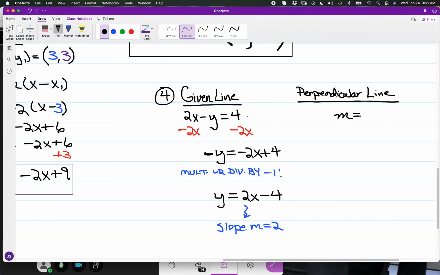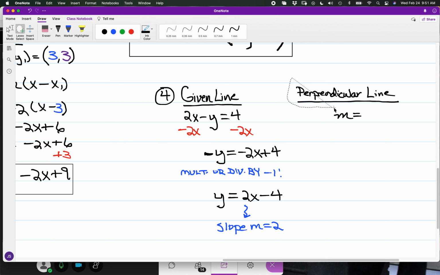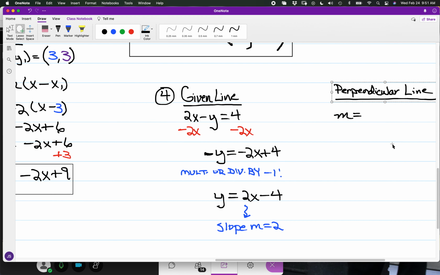For the given line, the slope is 2. If I take the opposite sign reciprocal of 2, I'm going from a positive to a negative, and the reciprocal of 2 is 1/2. So the slope of the perpendicular line is going to be negative 1/2.